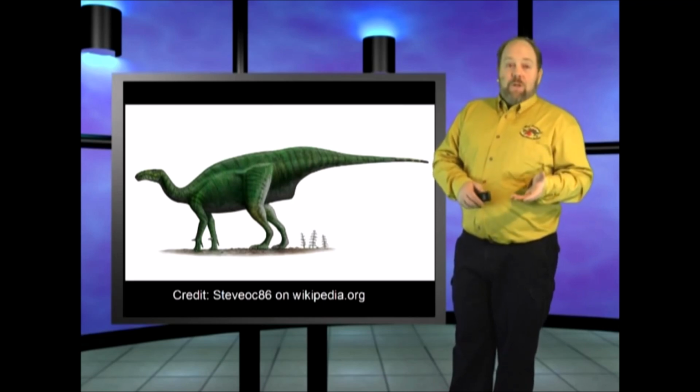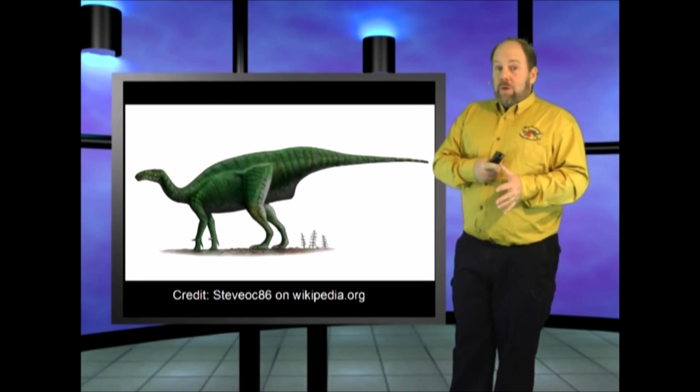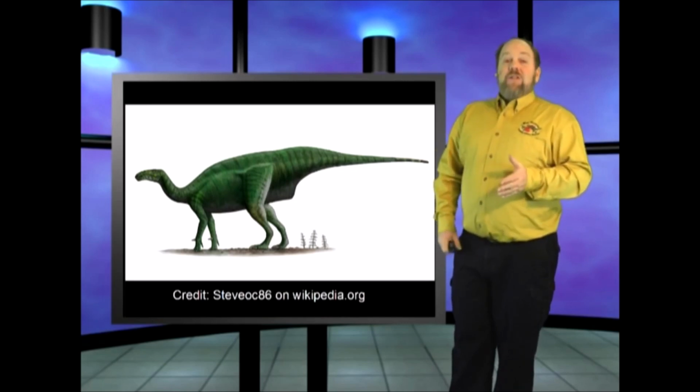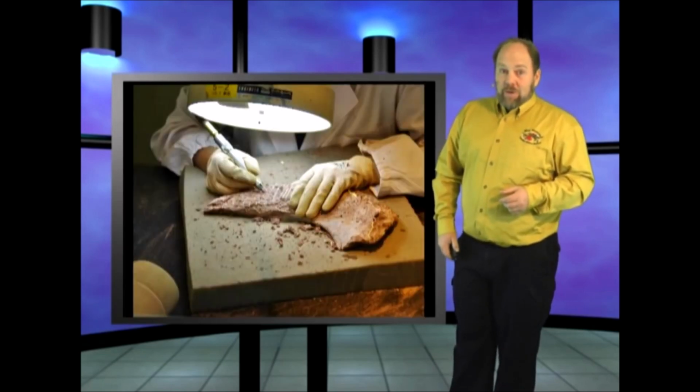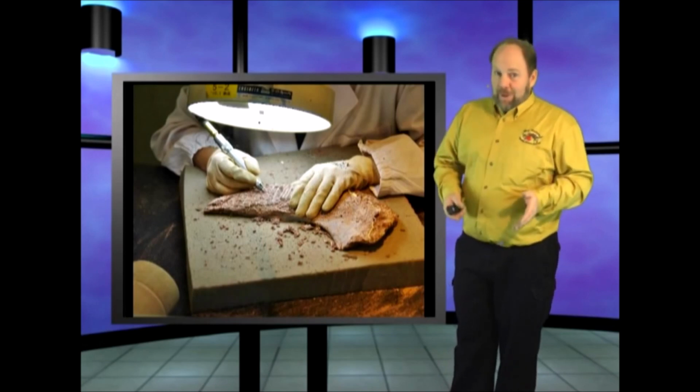Now, I have been involved in the process of finding, excavating, preparing, molding, and casting dinosaur bones from beginning to end. It's thousands of man-hours involved, large, dedicated facilities, many people.